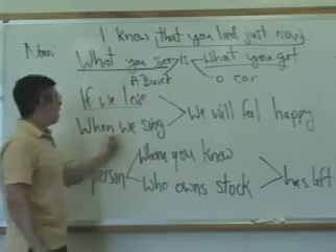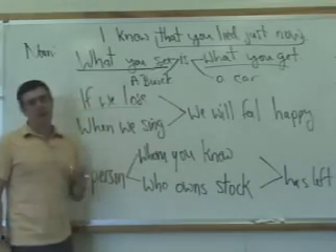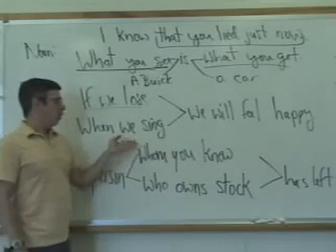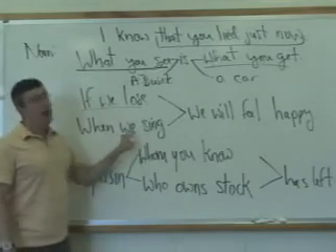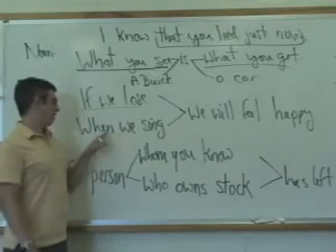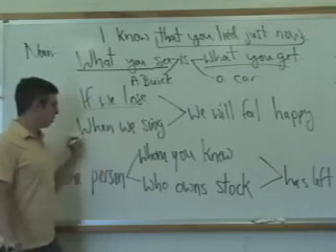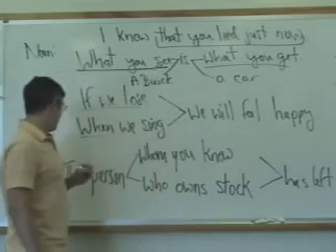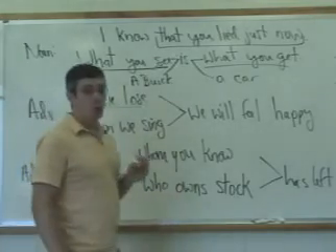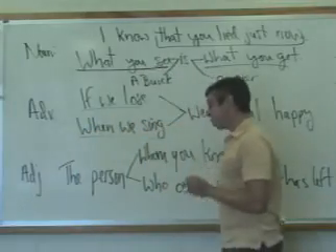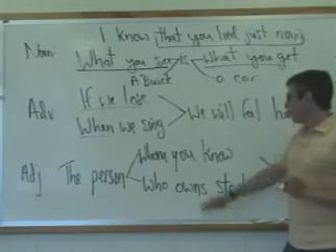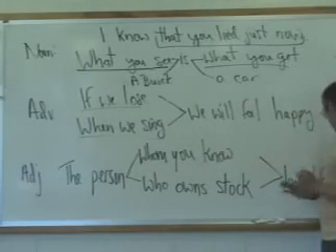Okay. When we sing, we will feel happy. It's just like if we lose, grammatically. When will we feel happy? When we sing. So there again, we have an adverbial subordinate clause. And finally, subordinate clauses can function as adjectives. So the person whom you know has left.